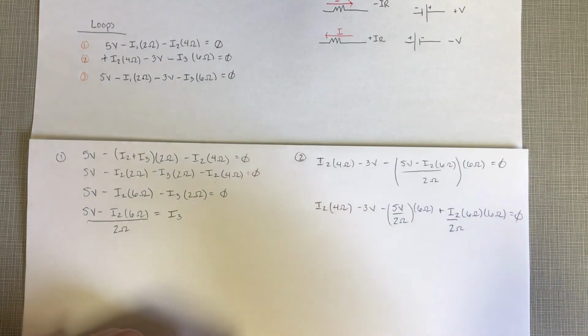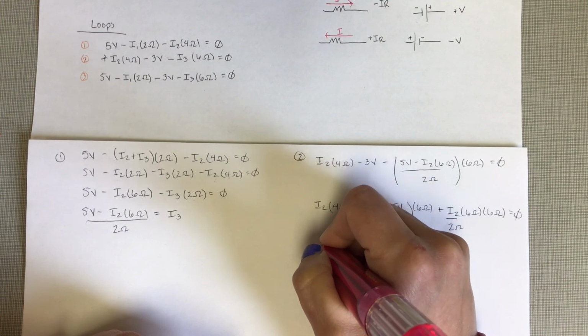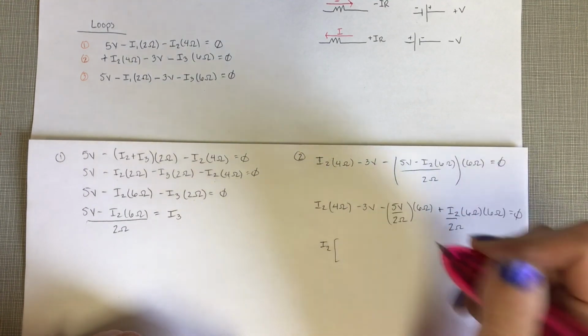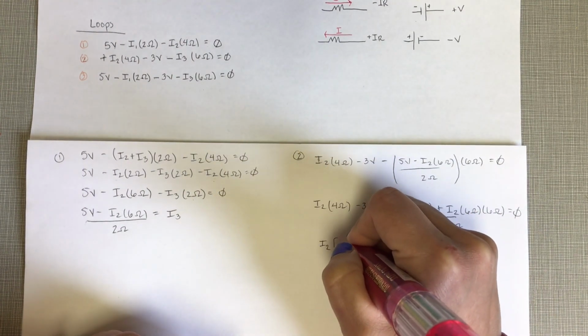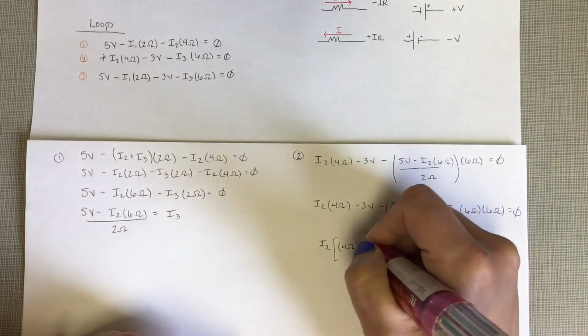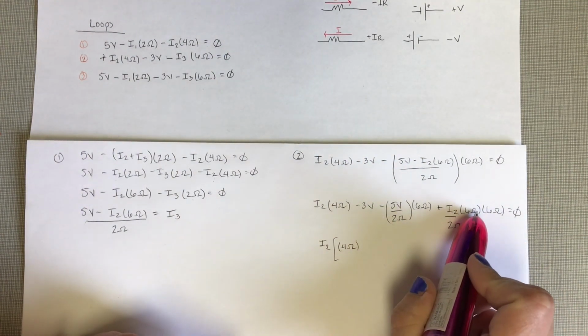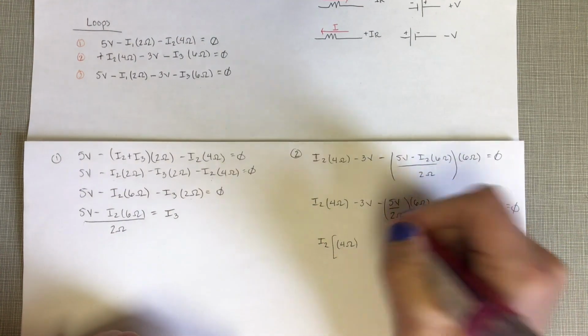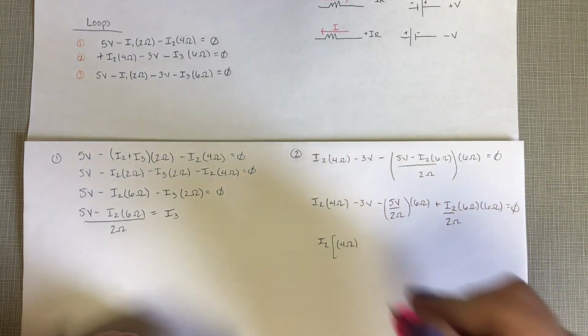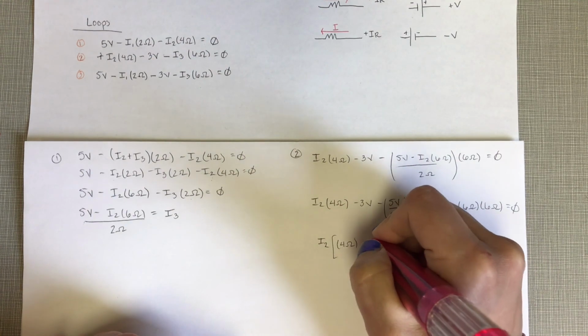Now I have I2 times 4 ohms, and then I2 times 36 over 2, so that's 18.